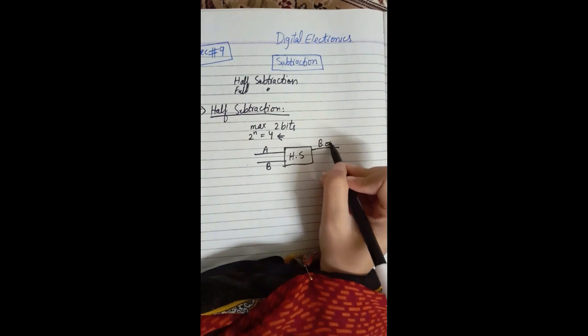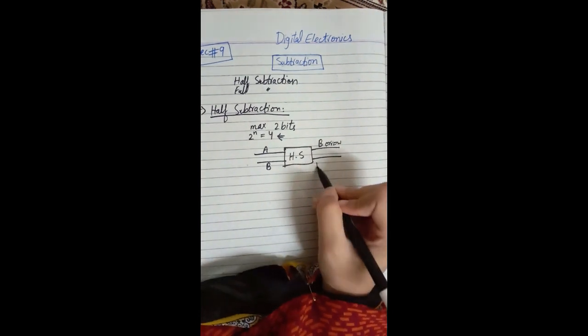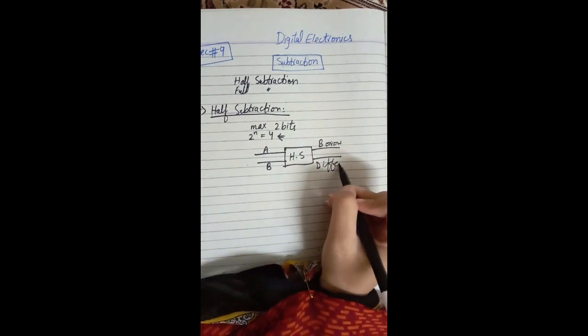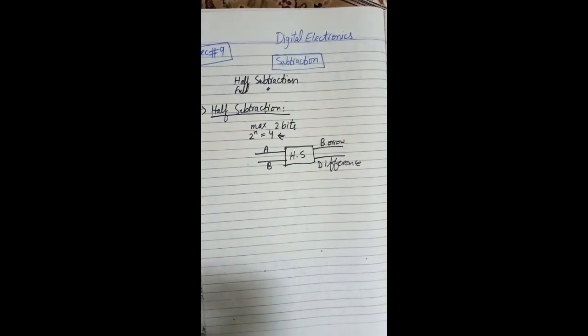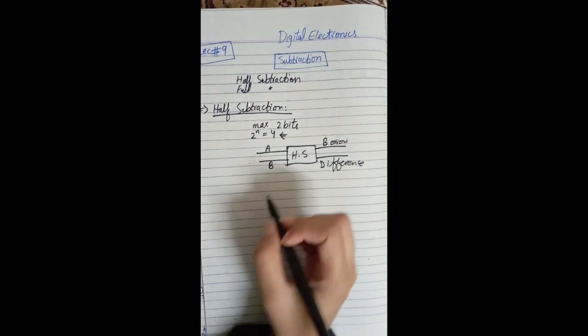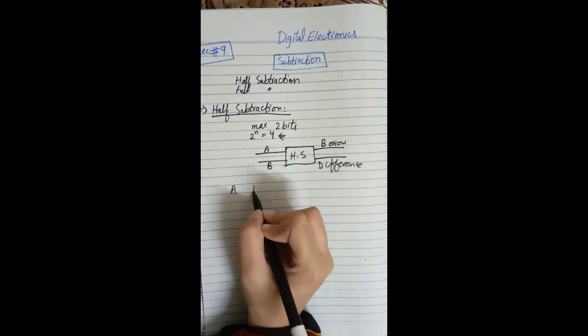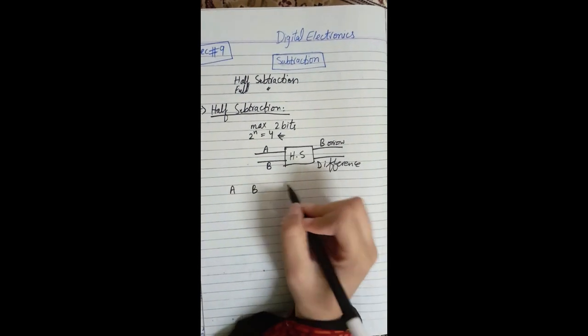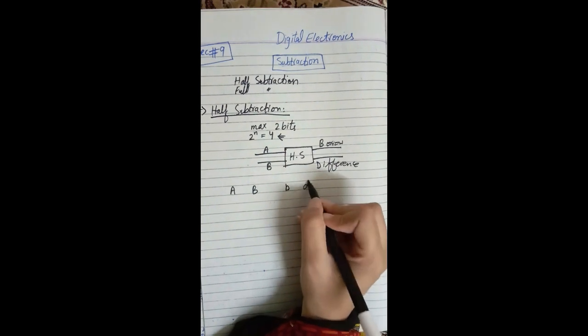So borrow and difference. Okay, in this we have 2 inputs A and B and the 2 outputs borrow and difference. So to make it stable, the inputs A, B and the outputs borrow and difference.